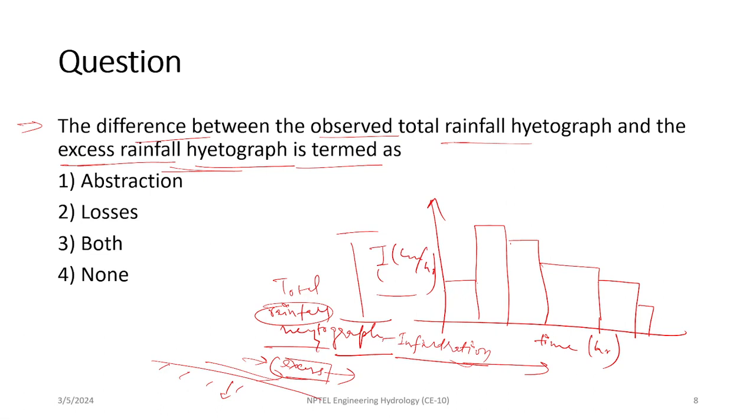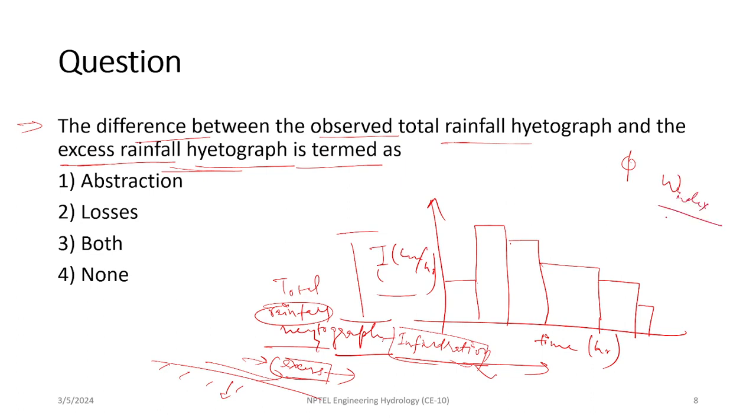For that case you have studied some indices, right? For quantifying this infiltration, we have studied two major infiltration indices: one is the phi index, and the other is the W index.